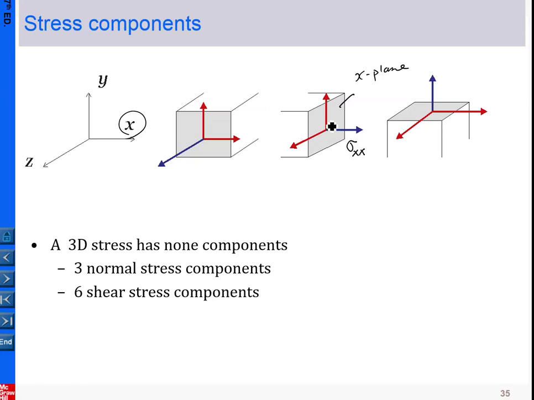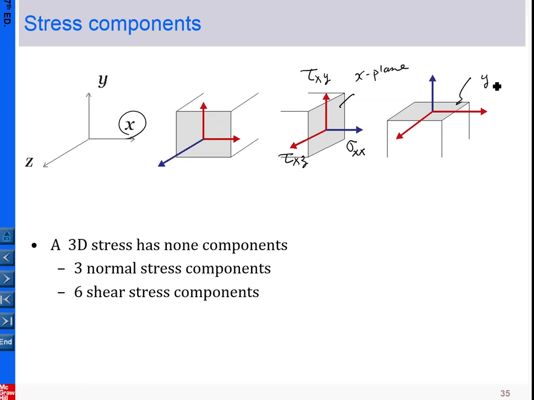This is the shear stress because it's parallel to the plane, and for shear stress we use tau. This shear stress is in the x plane pointing to the y direction. This shear stress is in the x plane pointing to the z direction.